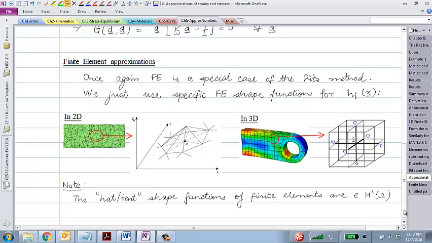To do that, just like we did for the 1D problem, where we said we'll take our 1D problem and chop it up into elements, 4 elements, for example, here we'll take this entire domain, which probably looks something like this, and chop it up into elements which would either be triangular or rectangular.